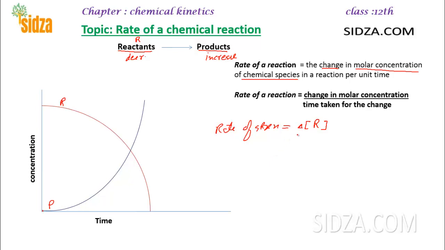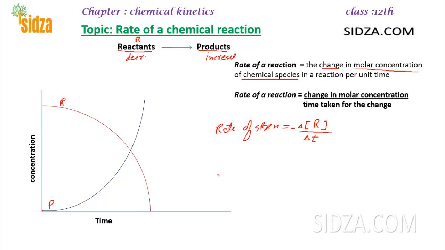Since with time the concentration of the reactants decreases, I'm going to use the negative sign here. The negative sign indicates that the concentration of the reactants decreases. The graph is going down, so I can say the rate is the negative change in concentration of reactants divided by the change in time, the time taken for that particular change.